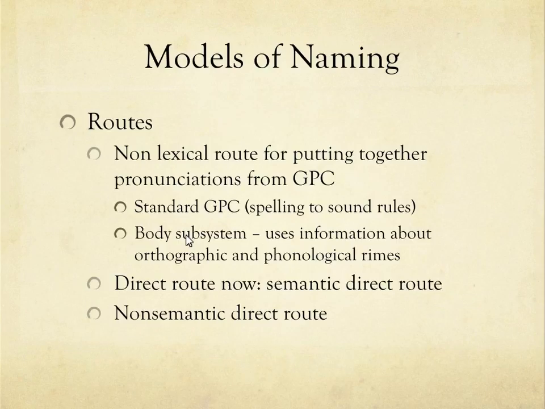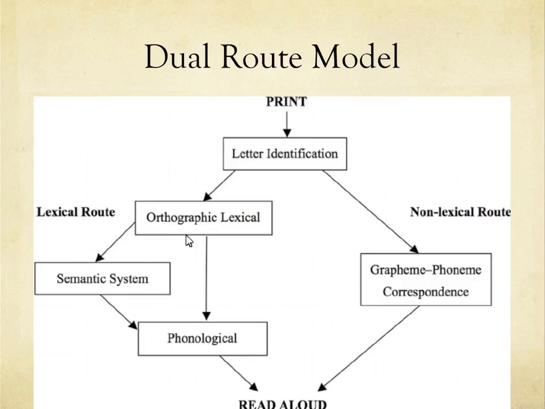What we're going to add is a non-lexical route for putting together pronunciations in the GPC. So we've got our standard sound and spelling rules, but then also a sort of separate rule-based thing that allows those orthographics, looks, and sounds to affect each other because of all the different things that we've seen in these experiments. So now there's a semantic direct route and a non-semantic direct route.